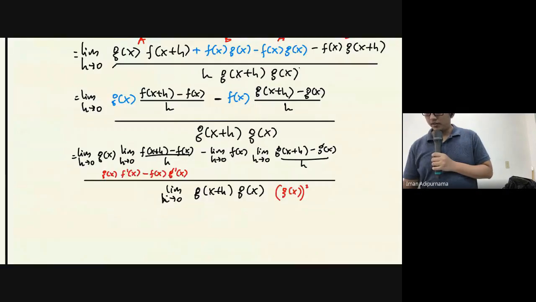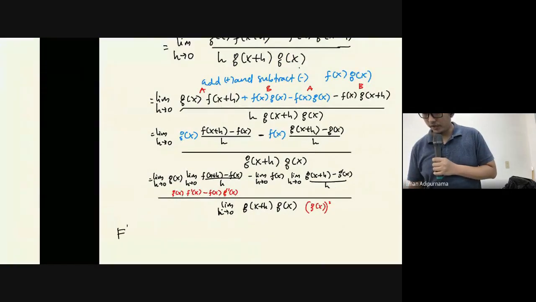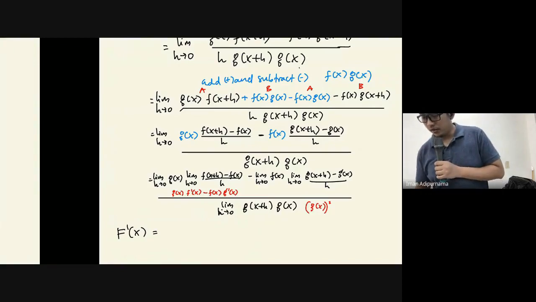So you can make a conclusion from here. The big f prime is, let me just write f prime first, g(x) minus g prime f(x).